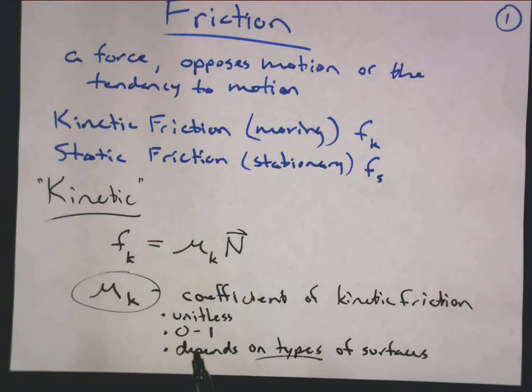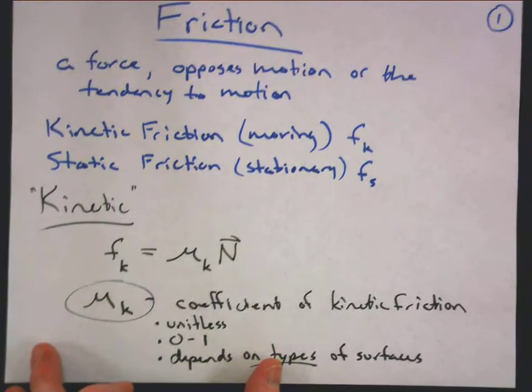And so what this tells you, if it only depends on the types of surfaces, like rubber and concrete, wood and porcelain, or leather and paper, any two kinds of materials, then what does it not depend on? There is motion taking place, but it does not depend on the relative speed.